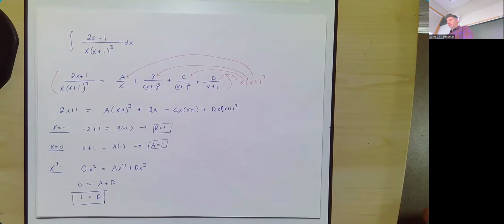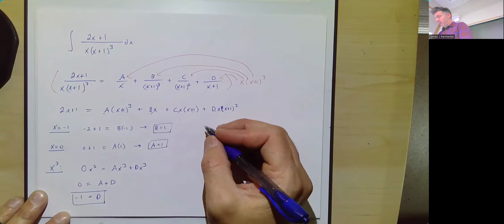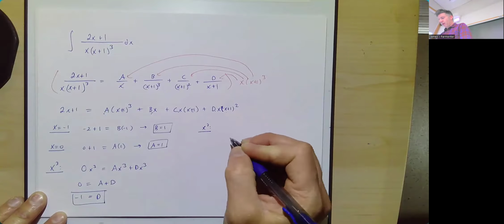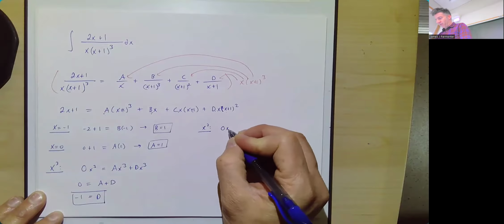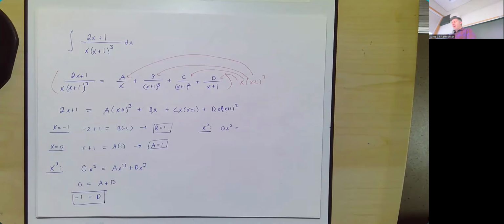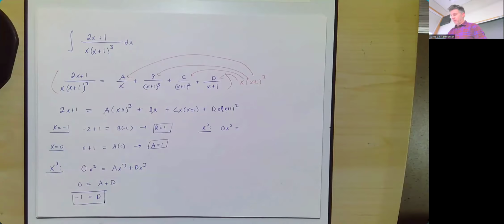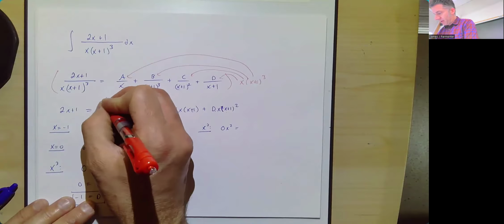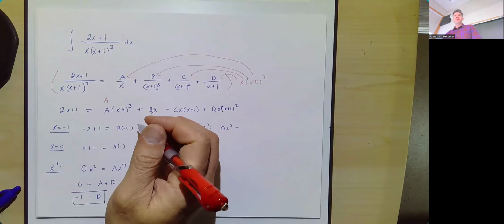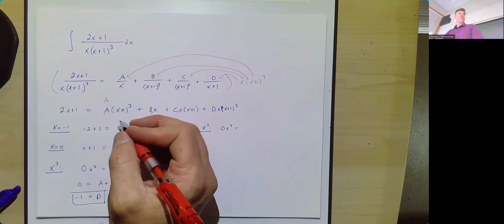Now is where things start to get a little bit dicey. If I look at x squared, I do have 0x squared on the left. How much x squared do I have on the right? It's not pretty. So this is where you might actually have to multiply things out. So we actually multiply the right-hand side. X plus 1 cubed is something you probably actually want to know how to multiply out.